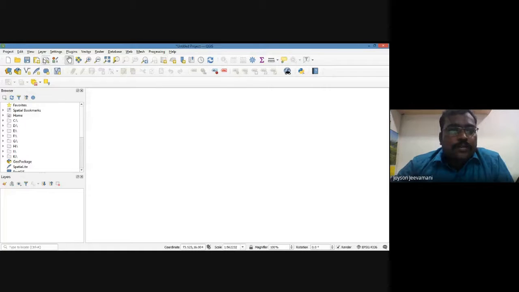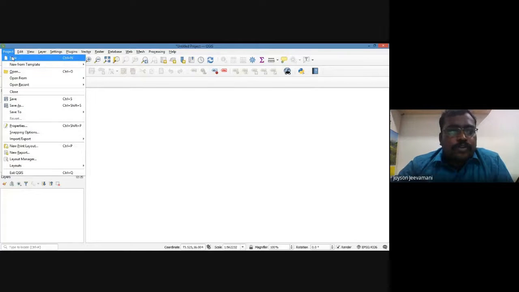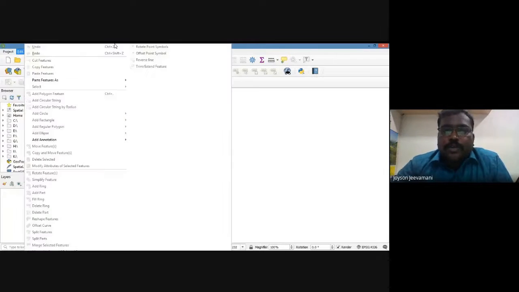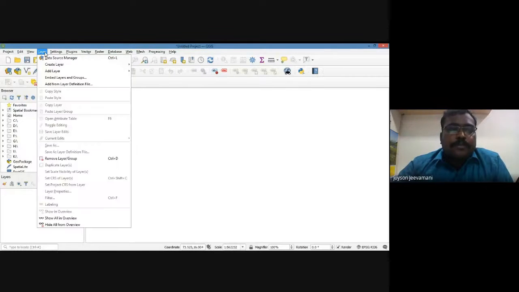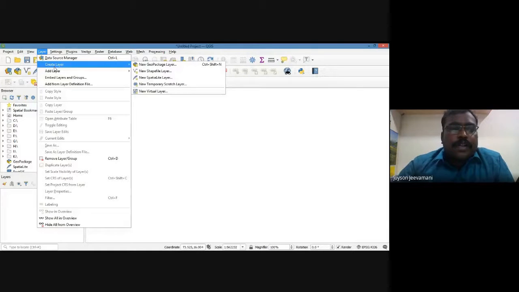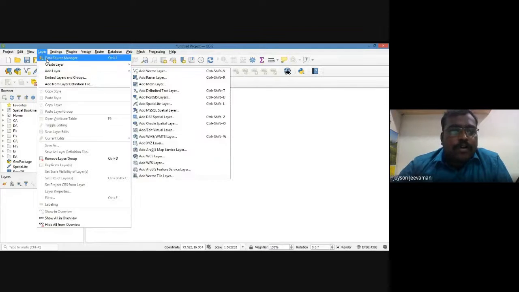For that, you have to click Project and give New. So first we have to add the map. Our location is Sindhudurg, and I already have a shape file of that study area, so I am going to add it. First click on Layer and give Add Layer.